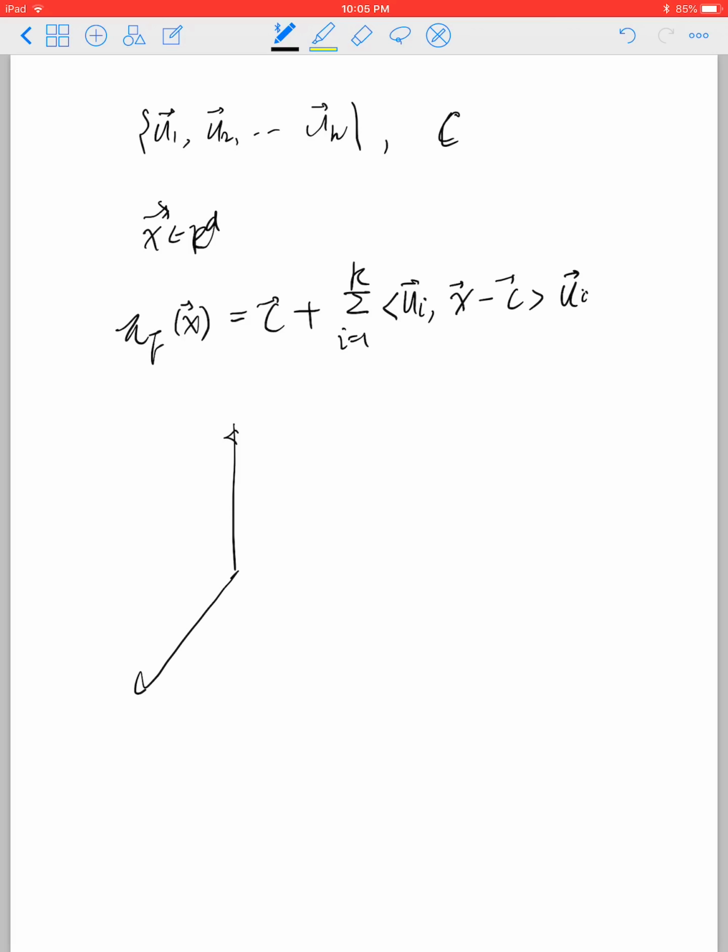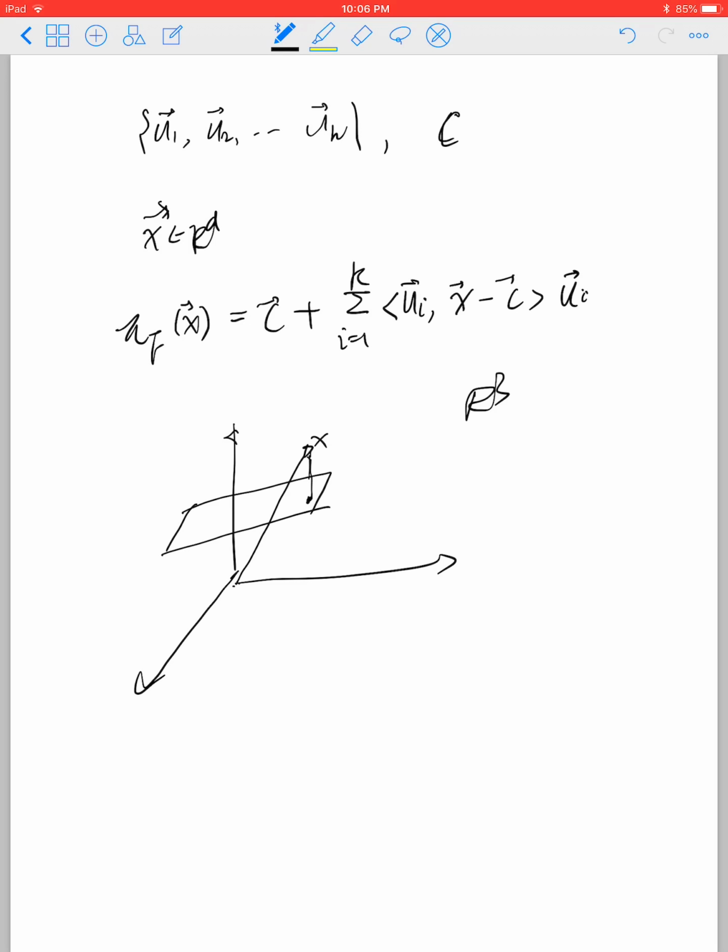Now, if you still want to project a vector x onto this plane, it is different from projecting x onto the xy plane directly, right? So this will be the projected vector, because if you draw a perpendicular line across this subspace, you get a cross point, and here's your projected vector.